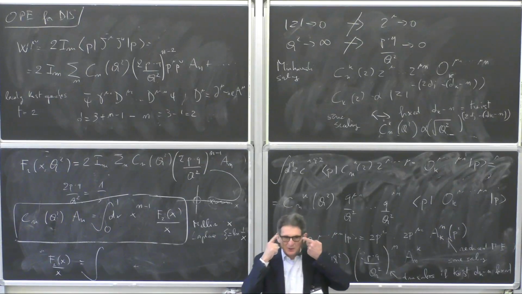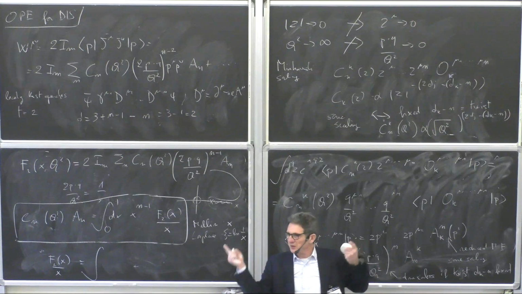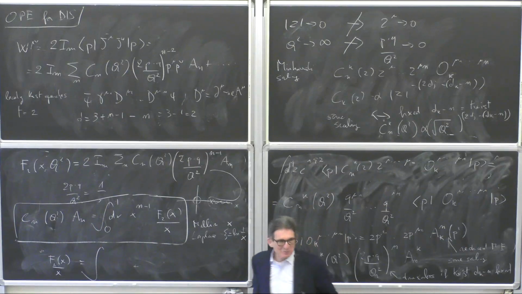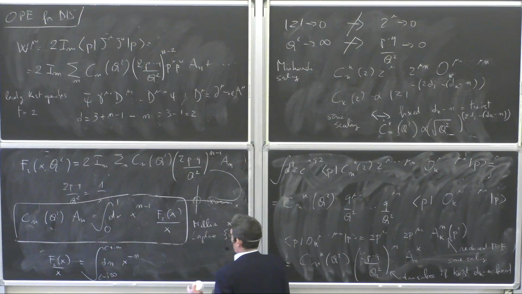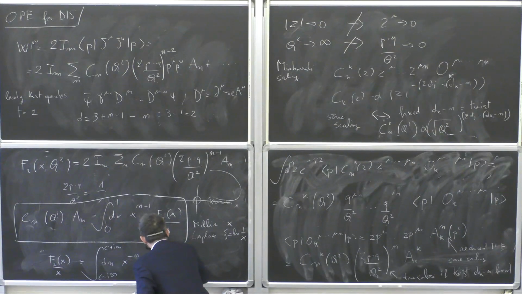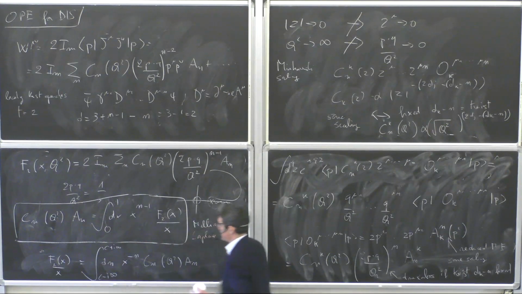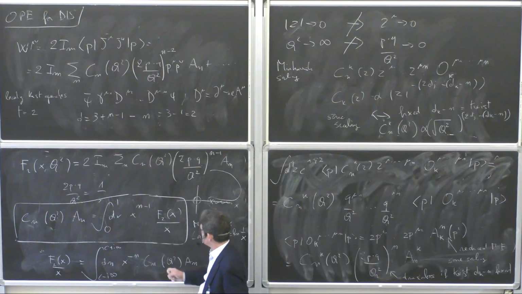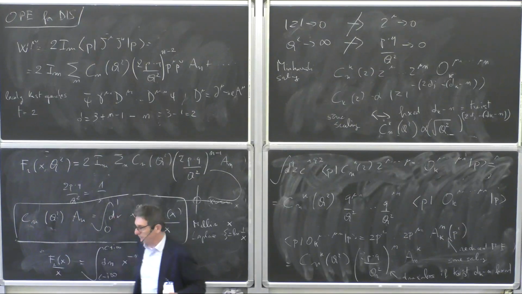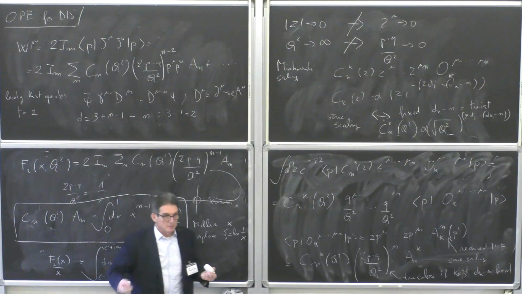I don't know how familiar you are with Laplace transformation, but it's like a Fourier transform with less an i, which means that when you invert it, you have an integral over a contour in complex space, so it will be an integral over n now, from c minus i infinity to c plus i infinity of x to the minus n of Cn q squared an. Okay, so you can actually get the structure function from an inverse Mellin transform of the product of the Mellin moments, as they are called.